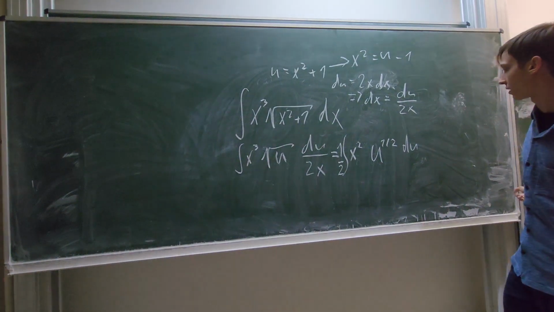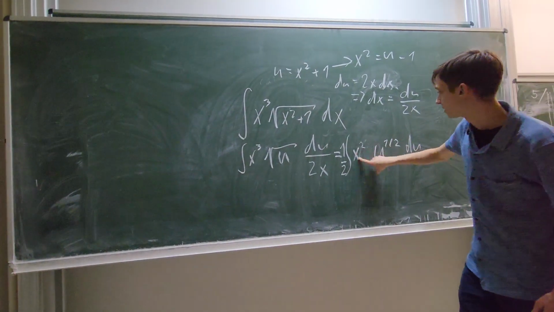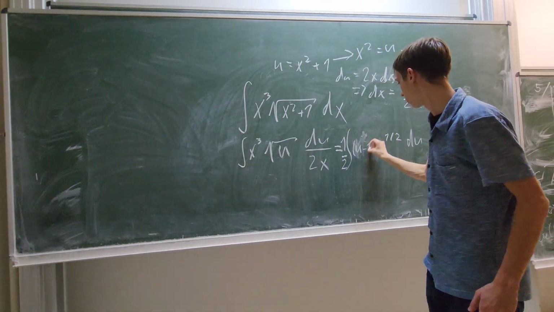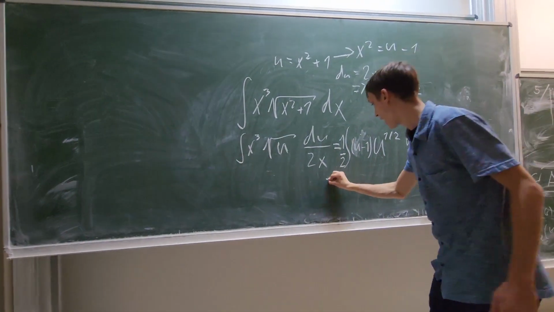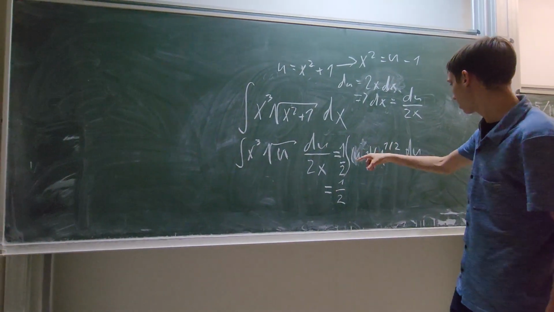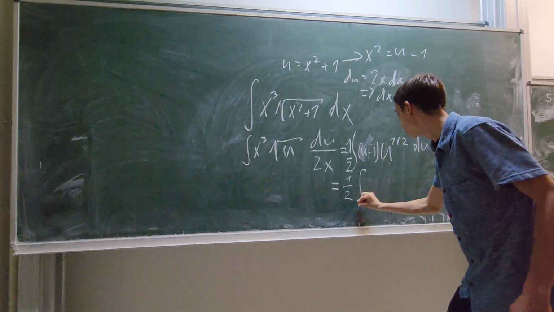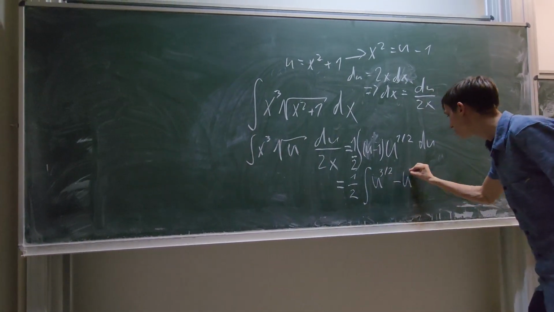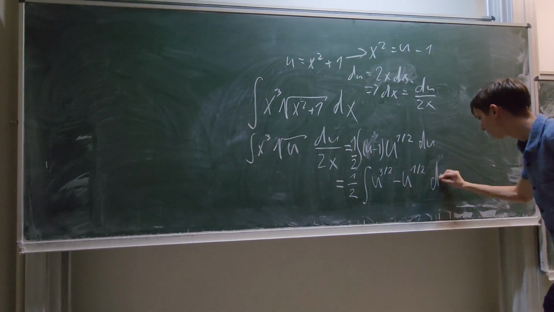That means that this x squared can be replaced by u minus 1. And what that means is I have suddenly 1/2, and I can multiply this out, times the integral of u to the 3/2 minus u to the 1/2 du.